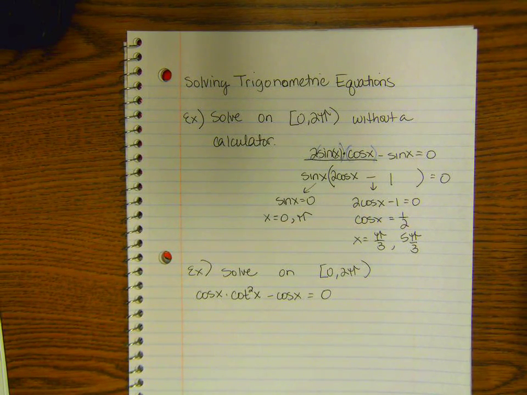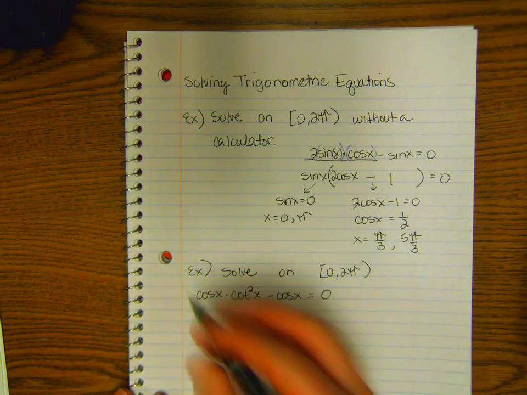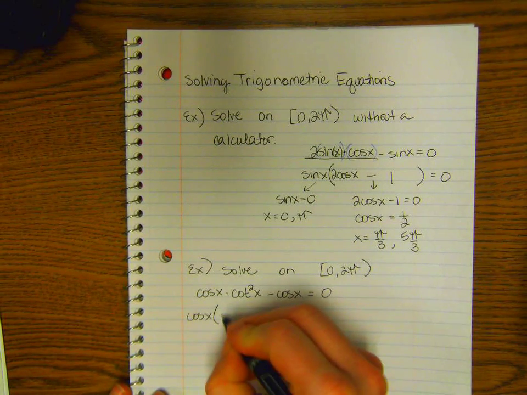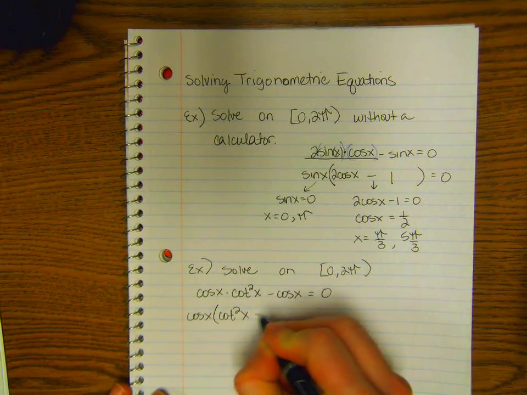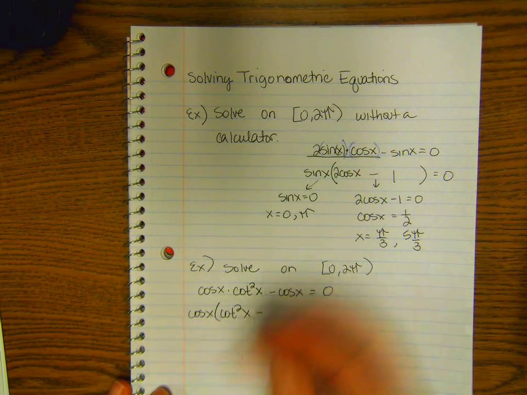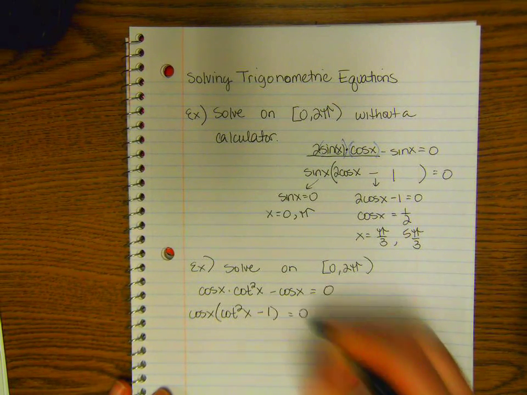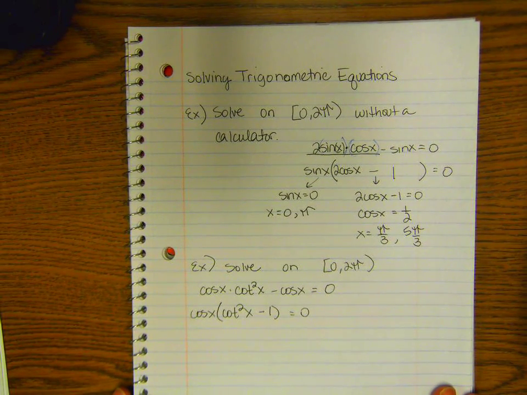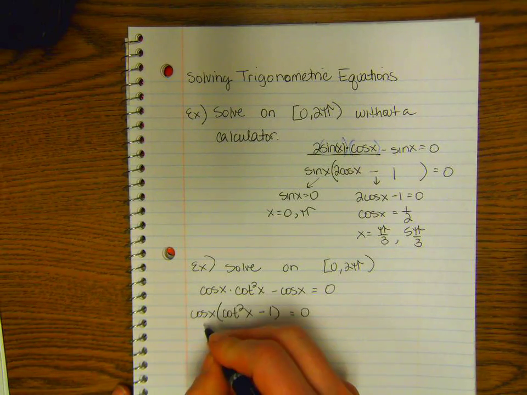So what should I do? Let's take out the common factor of cosine of x. And that leaves me with cotangent squared x minus 1. So then I solve. Cosine of x equals 0.